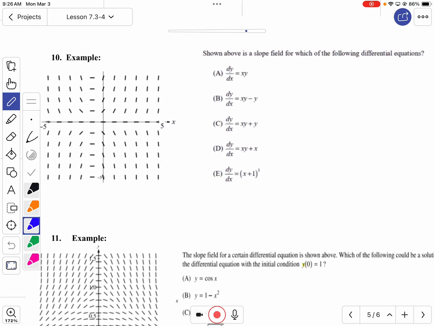It says, shown above is a slope field for which of the following differential equations? Right? See what you can do with that one. See if you can figure it out.